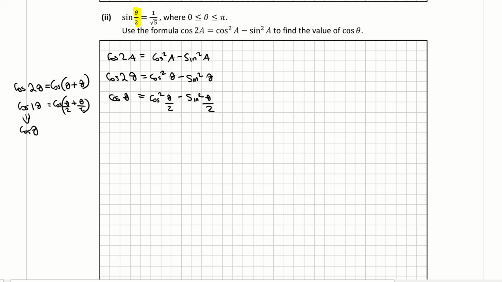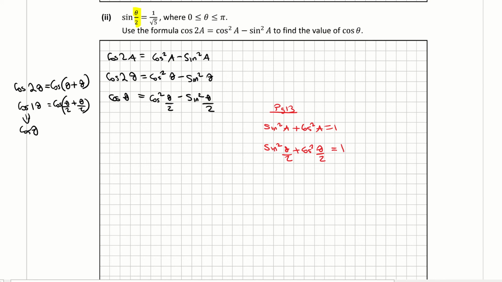Now I'm going to use my knowledge of page 13 in my log tables. From page 13 we know that sine squared A plus cos squared A is equal to 1. My angle in this case is theta over 2, so let's change that. It's sine squared theta over 2 plus cos squared theta over 2 equals 1.